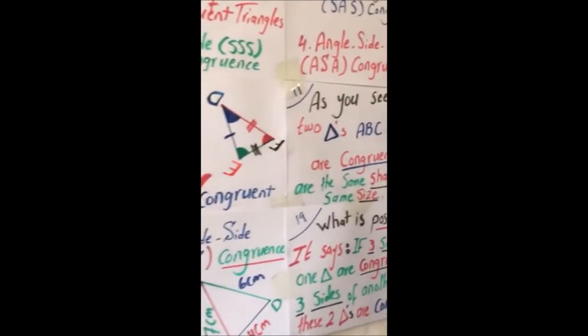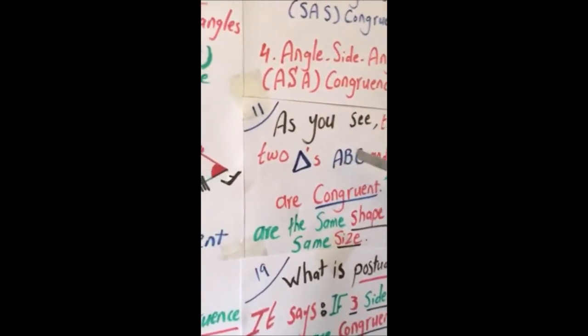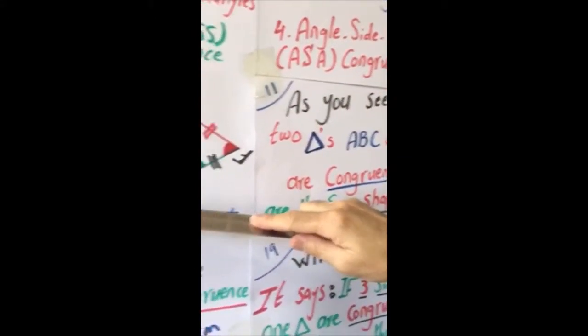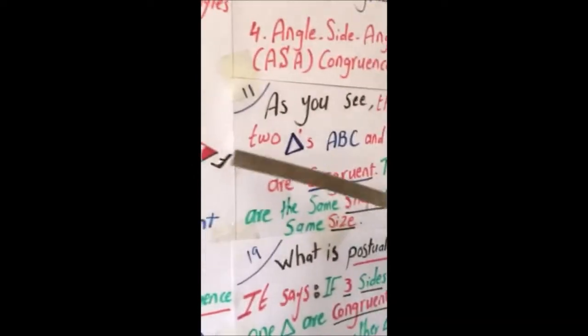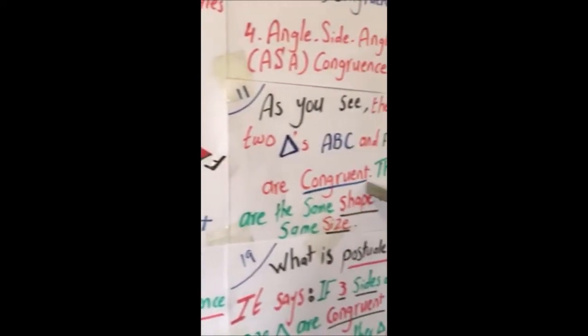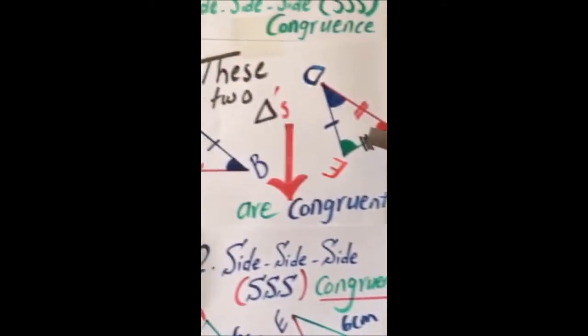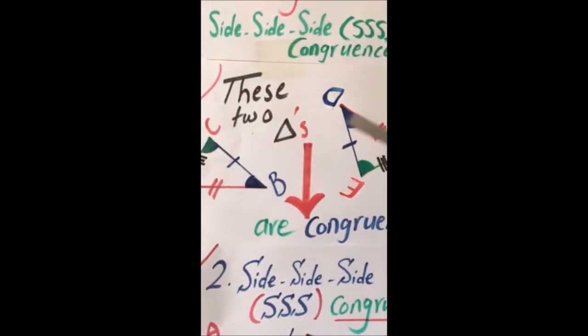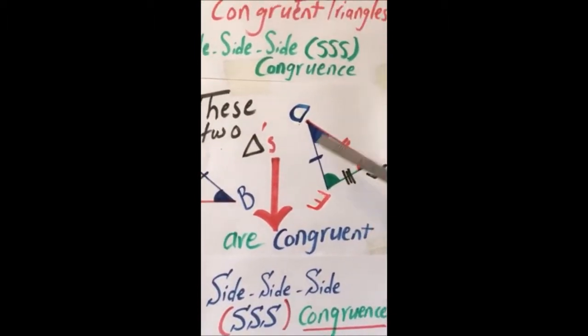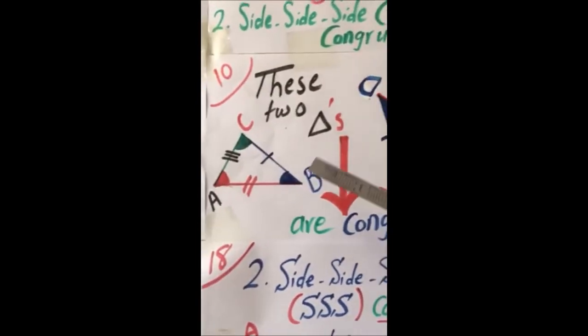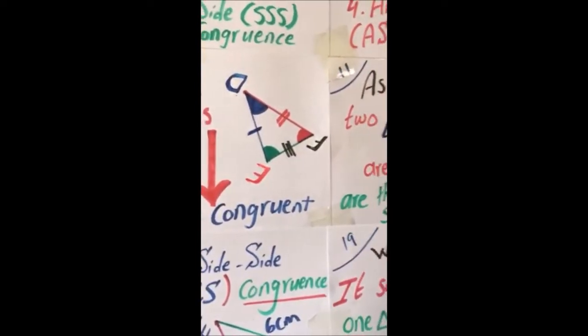So these 2 triangles, ABC and FDE, are congruent. Why? Because they are the same shape and the same size. No one is big and no one is small.